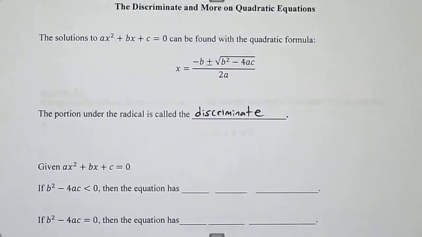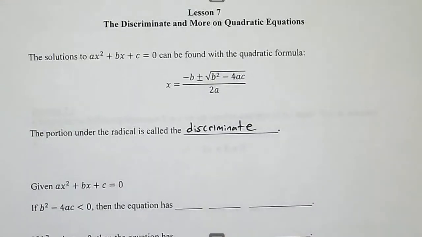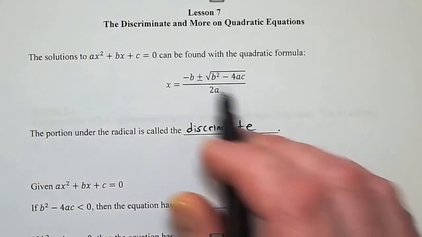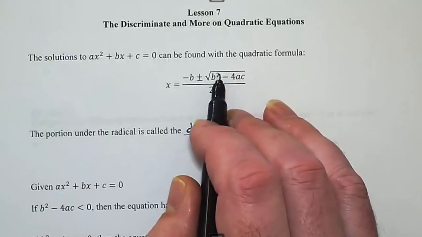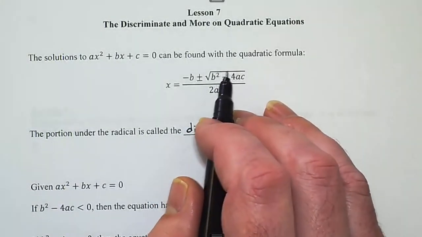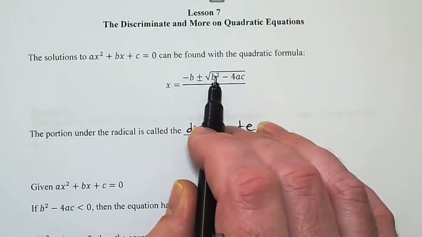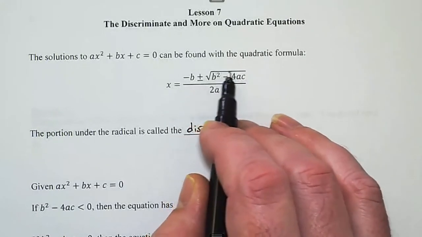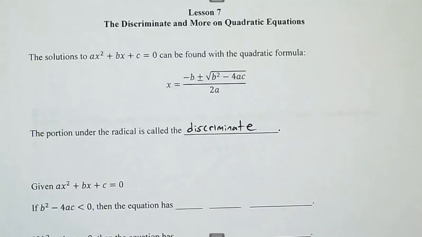So let's go back and look at the quadratic formula. Everything about whether or not I got a real solution or not was dependent on what was underneath this square root. Nothing else mattered except if I have a negative inside this, then I'm going to get no solution, right?